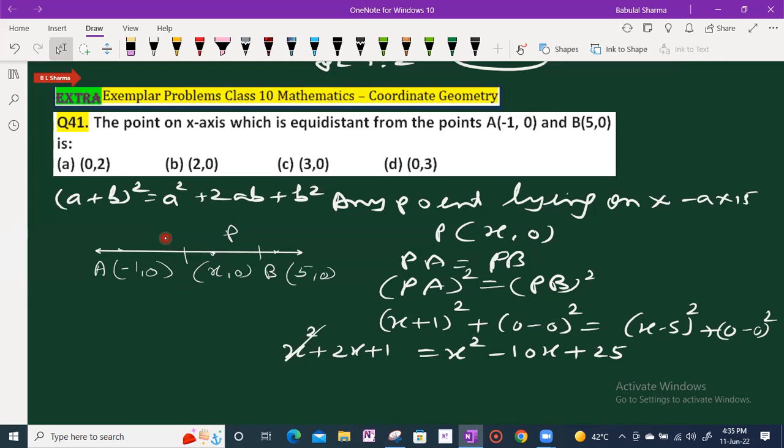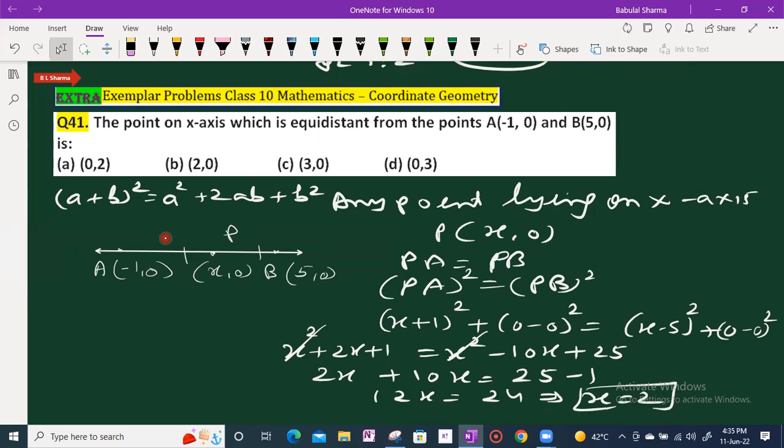Now x square again cancels, so 2x plus 10x is 25 minus 1. So 12x is 24, that is why x is 2. So the value of x is 2.